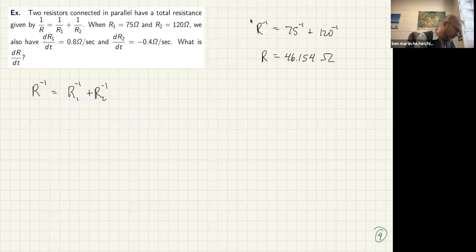So then notice that in the problem here, we've got derivatives. So that suggests that we're going to take a derivative on this. And so we have to think about differentiating something to the -1 power. And so you will get negative that thing to the -2 power, but you're taking a derivative with respect to t.